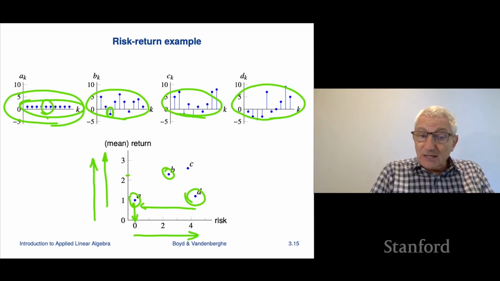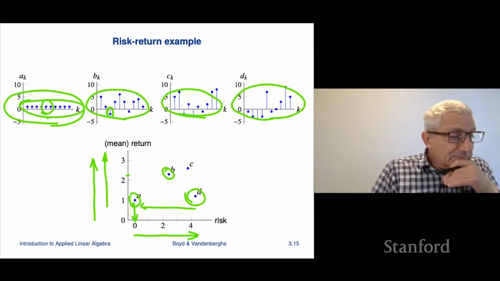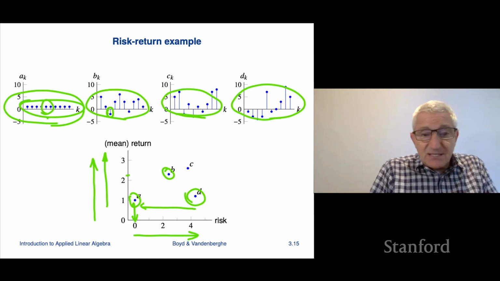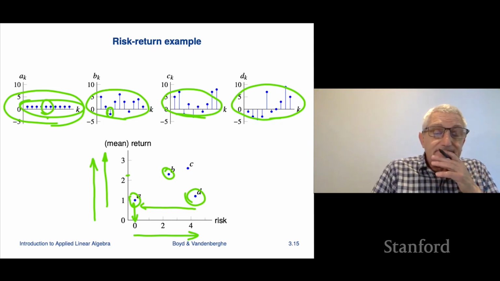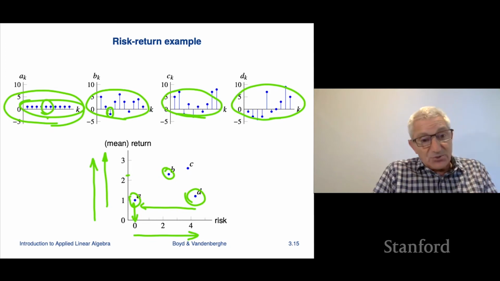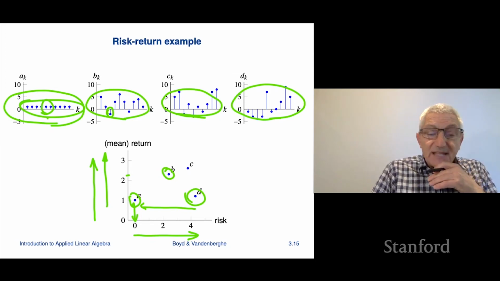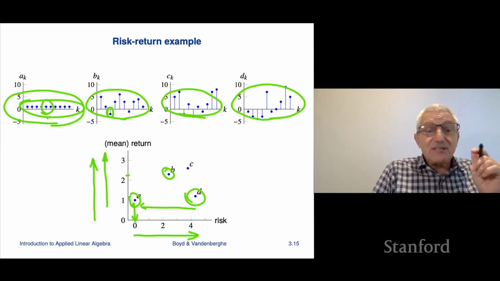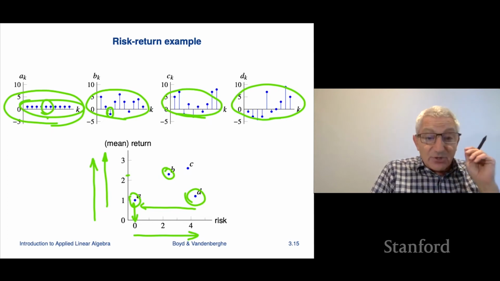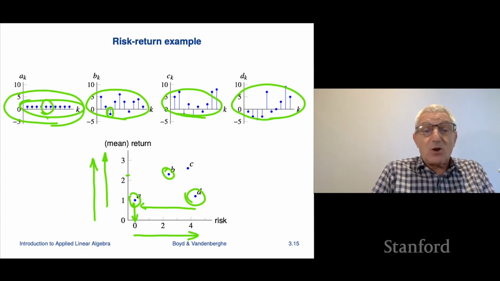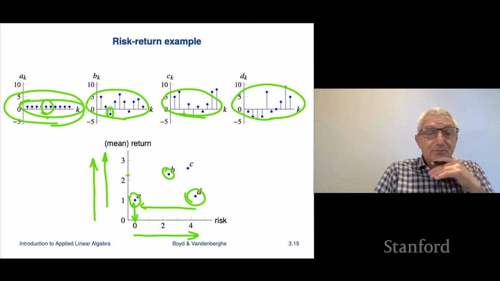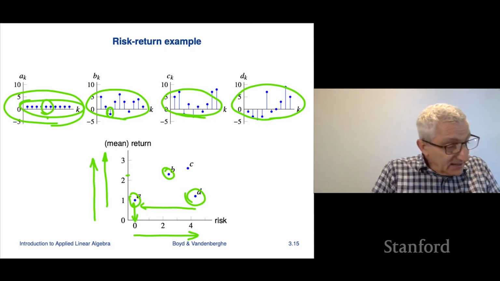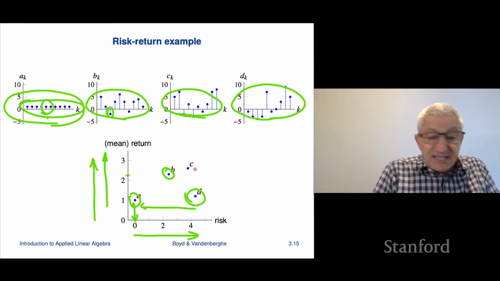Interesting question. We'll come to it later. By the way, which of these is best? It's an interesting question, and the answer is we can't say. Actually, there is something we can say. If we like return to be high and risk to be small, then it turns out you can't say if A or B or C is better.